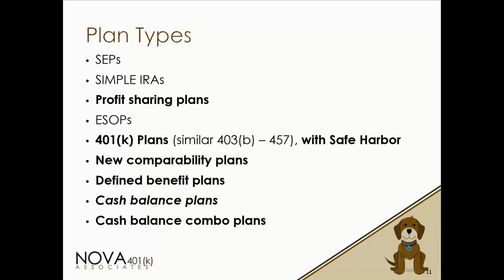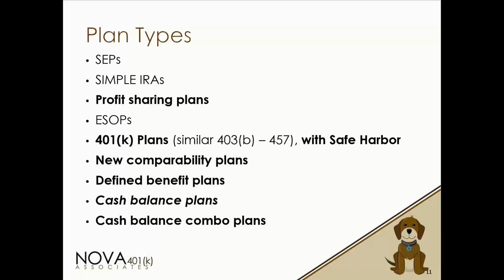So here is a list of the plan types. There's SEPs, SIMPLE IRAs, profit sharing plans, ESOPs, 401(k) plans, which are similar to 403(b) and 457 with safe harbor, new comparability plans, defined benefit plans, cash balance plans, and cash balance combo plans.